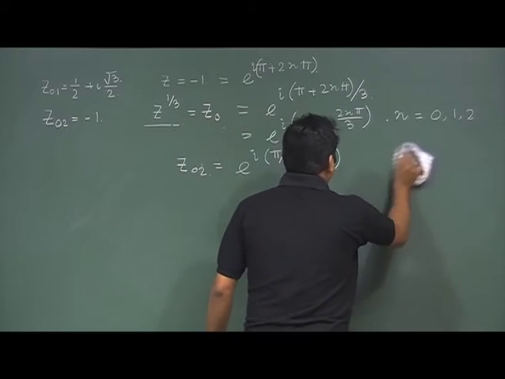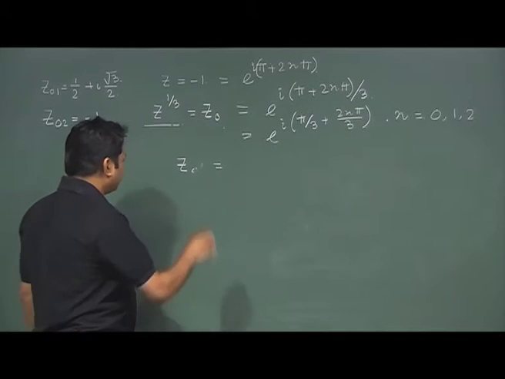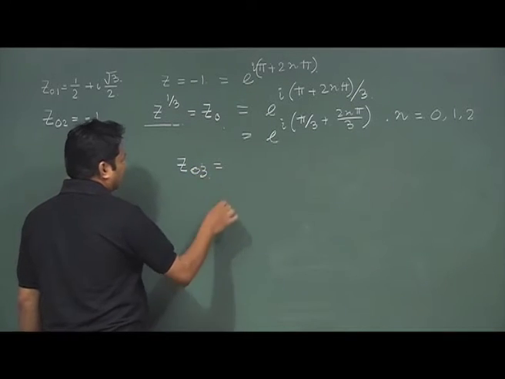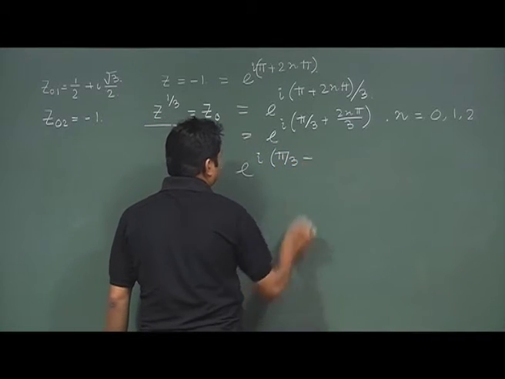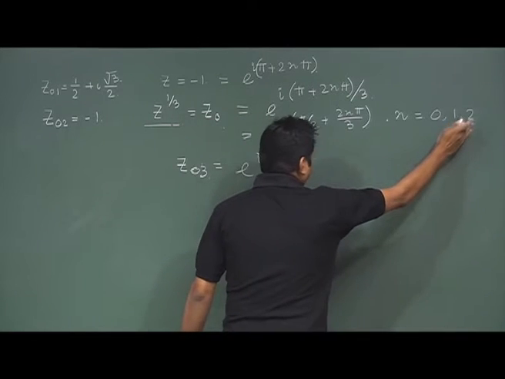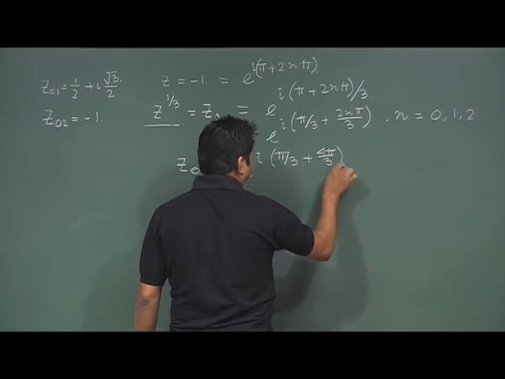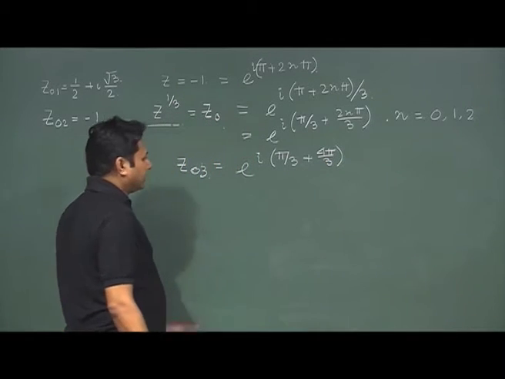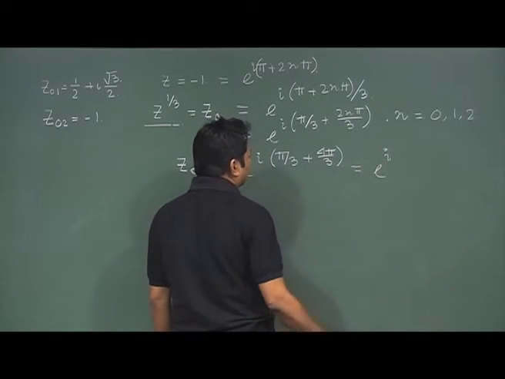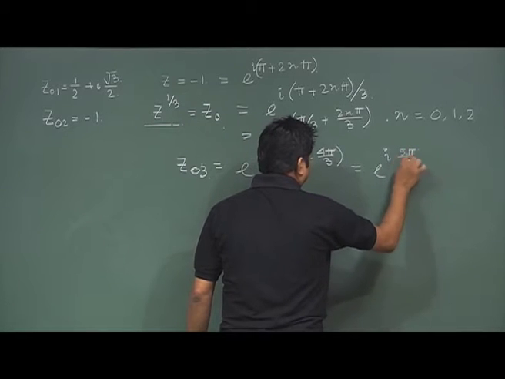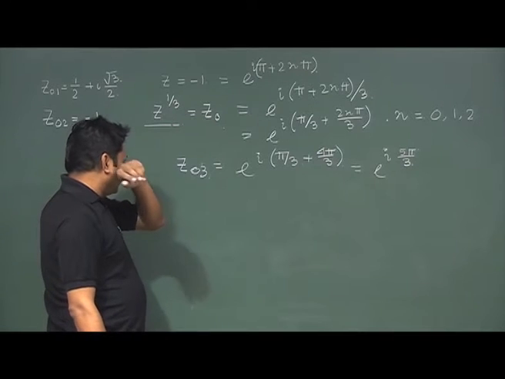What about the last root, z03? It is e to the power of I pi by 3 plus, now I put n equal to 2, it will be 4 pi by 3. So it is nothing but e to the power of I 5 pi by 3, right, 5 pi by 3.